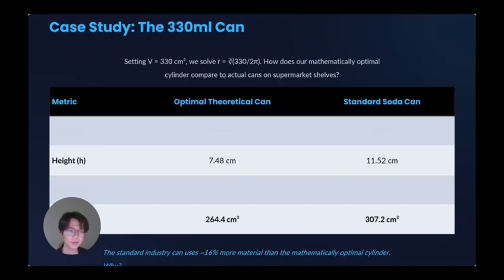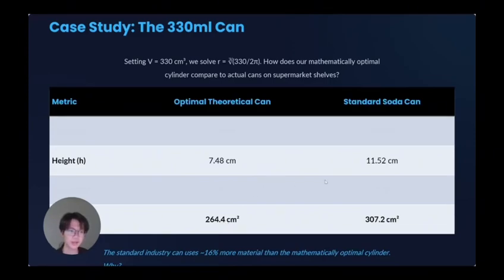The optimal radius R equals the cube root of 330 divided by 2 pi, which gives us R equals 3.74 cm and H equals 7.42 cm. Under these dimensions, the total surface area is only 264.4, the smallest possible material usage for a 330 ml can.